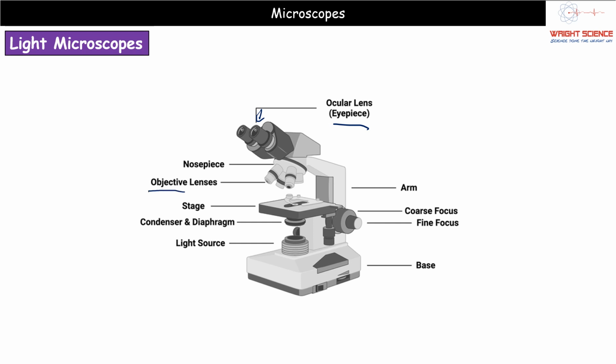Now, the objective lens is the one that you can twist round to change to different magnifications, basically. So we'll have an eyepiece, which is usually times 10, and then our objective lenses, the ones you've probably got on your school microscopes, you've probably got a times 4, a times 10, and a times 40, usually.